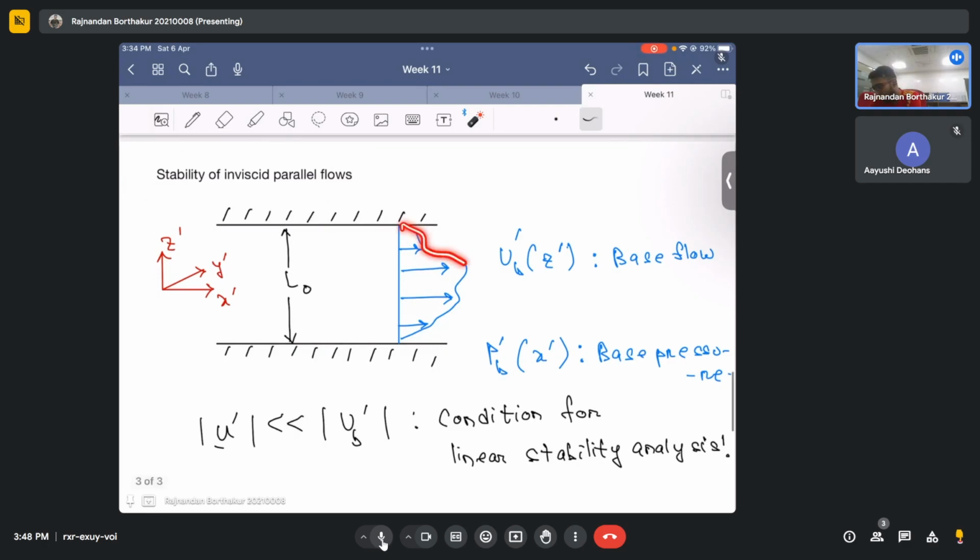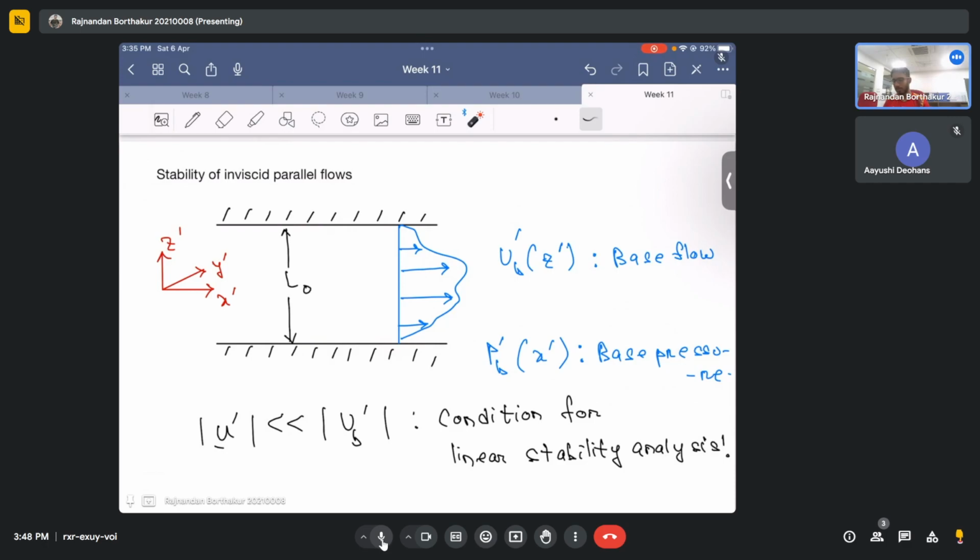Although I have shown this as a general profile, you can assume it is the parabolic profile. In other words, although I have represented it in a generic sense, the base flow and the base pressure should be known to us, or we should be able to evaluate them radially and then work out what the governing equations of the perturbations look like. Do you have any question on this?